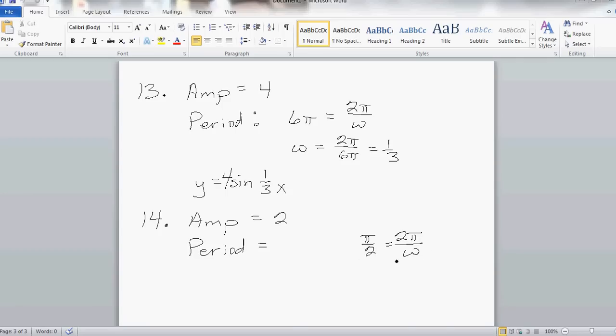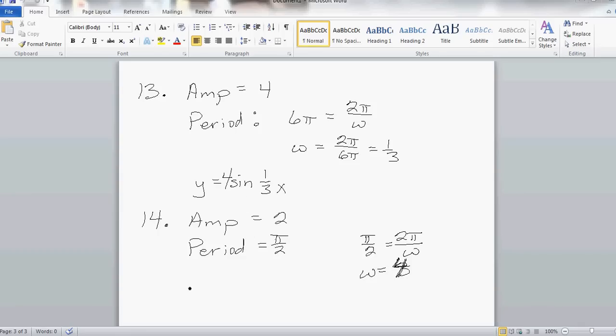Some quick calculations, correction, omega will equal 4. So, not period, but omega is equal to 4. Period is pi over 2.